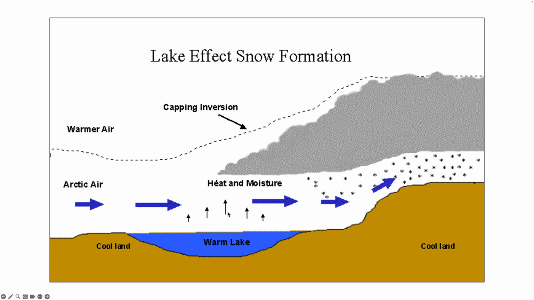Now, as this rising air exits the lakes, and the blue arrows, by the way, indicate the wind direction, not only is it unstable, but it encounters terrain. The terrain provides another lifting mechanism for this air as it comes off the lakes and enhances the clouds and the snowfall.